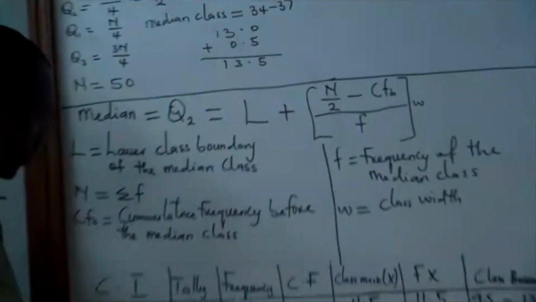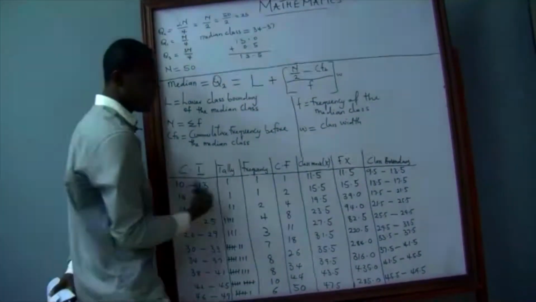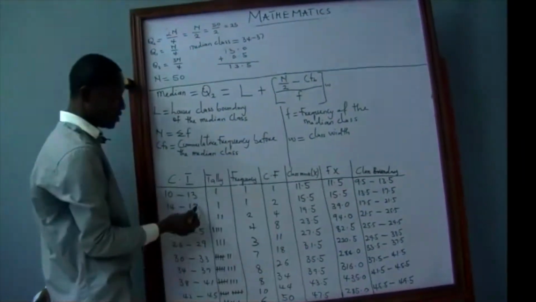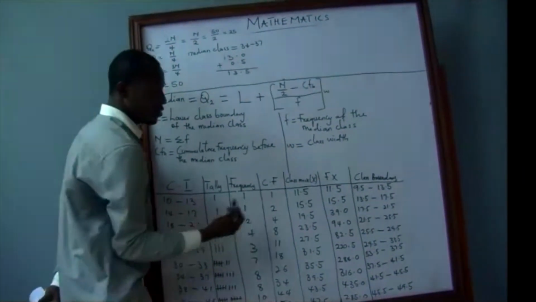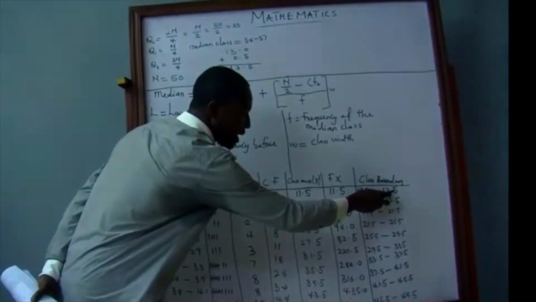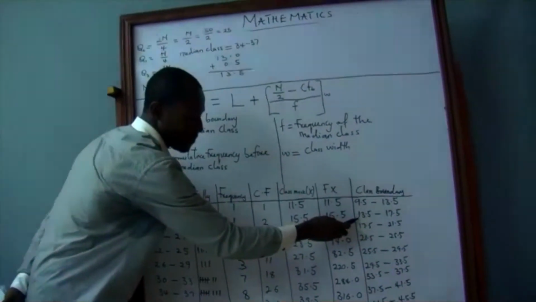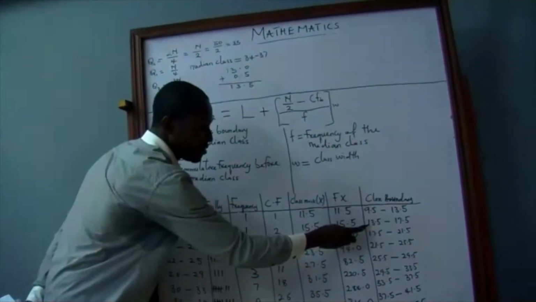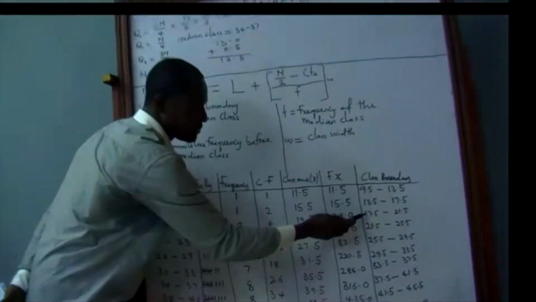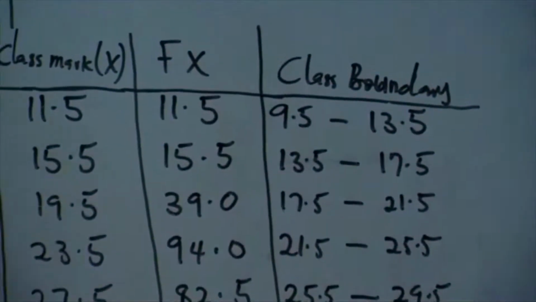So the same thing happens. And that's how we keep going. 14 minus 0.5, 13.5. To add it to the next one, 17.5. So if you look at it very well, you see that whatever is the upper class boundary of the first class will be the lower class boundary of the second class. It's 13.5 to 17.5. So that means the next class starts from 17.5 to 21.5.